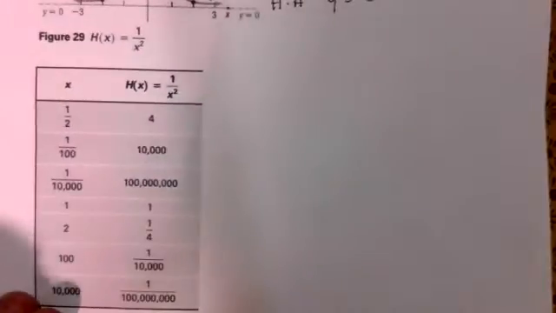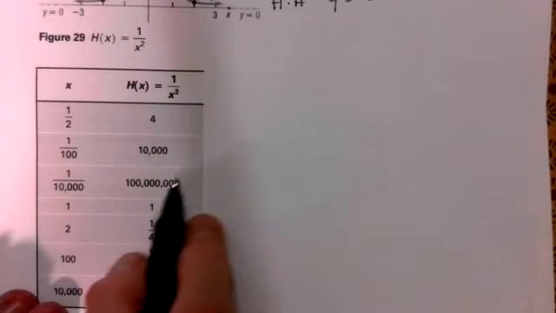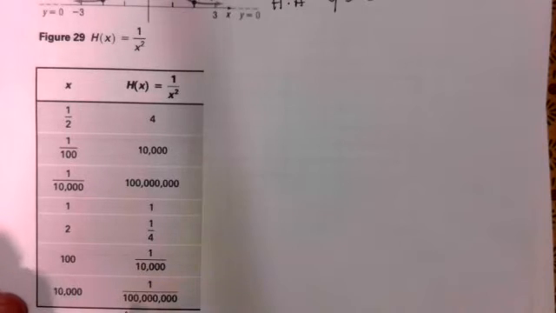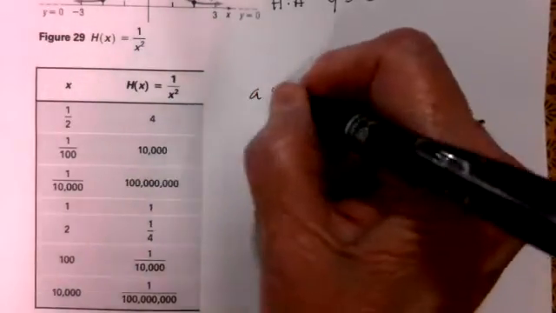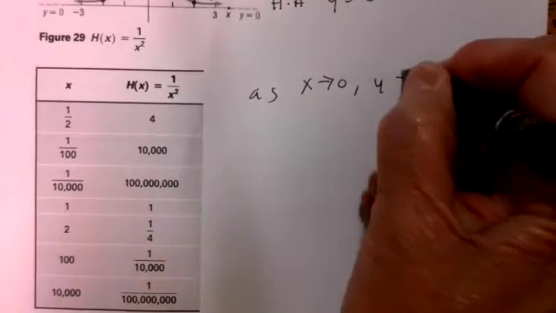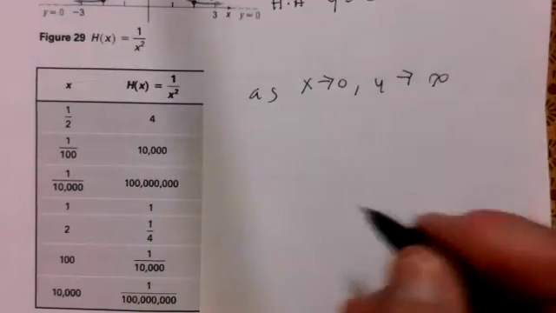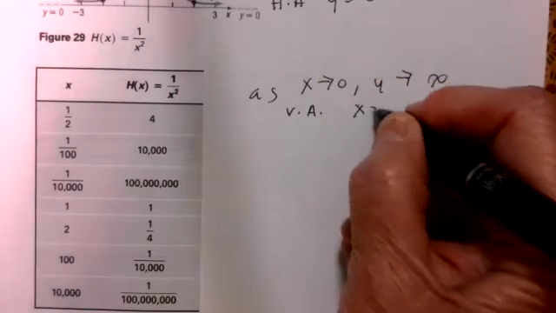And then this is just showing the table from the calculator. As x is getting smaller, the y is getting bigger. And as x is getting bigger, the y is getting smaller. So as x goes to 0, the y goes to infinity. That's the vertical asymptote, x equals 0.